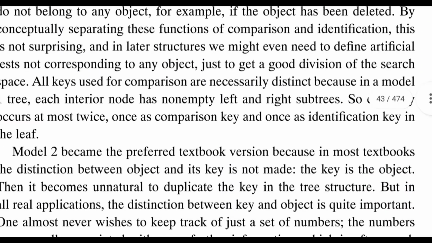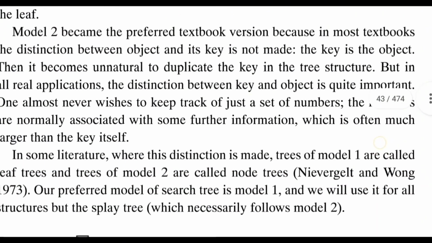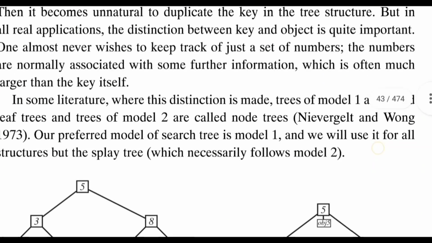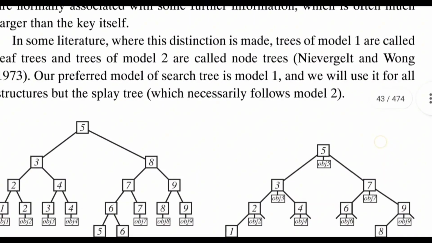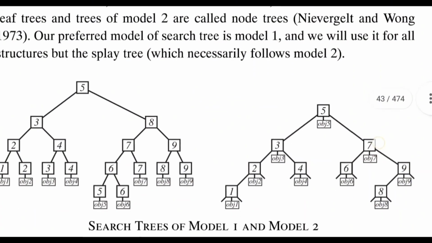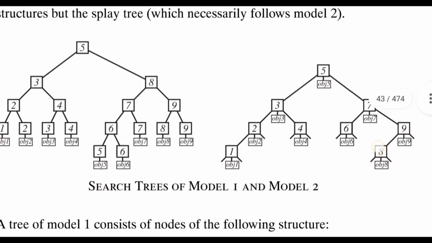In that, they have also given a diagram of the tree. They have created one tree. How model 1 and model 2 are balanced in the tree, we have seen in this picture. See, the left one is model 1, as you can see in this display. Here the right side will be model 2.